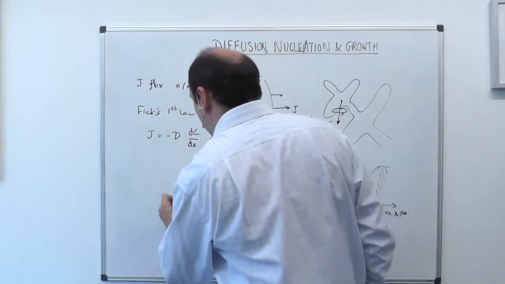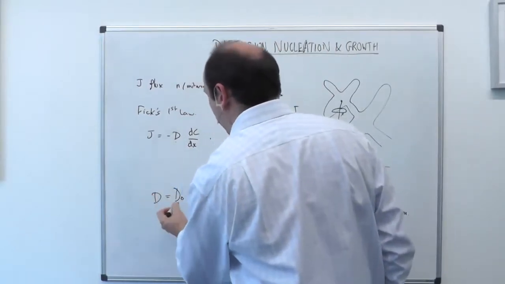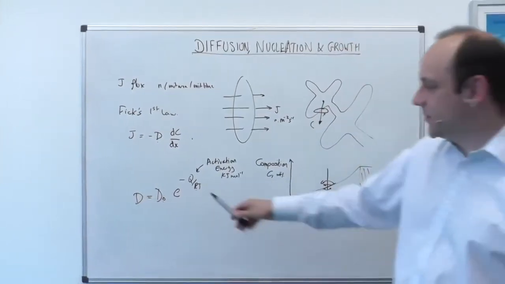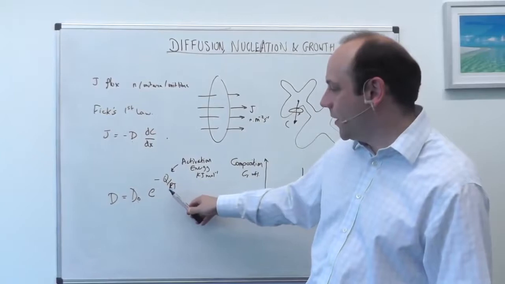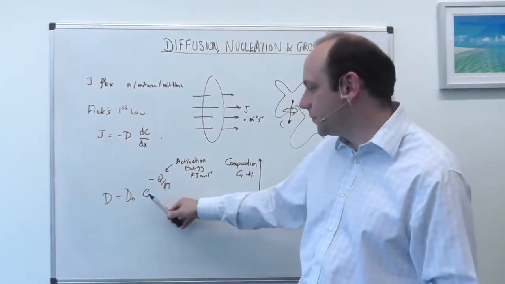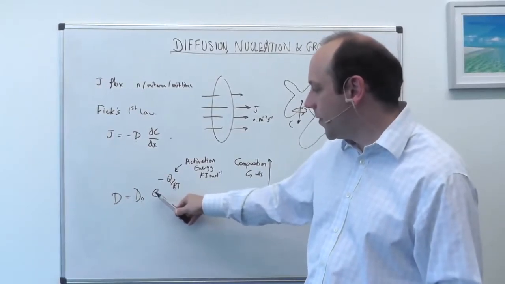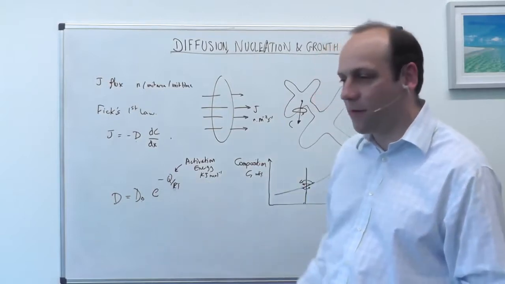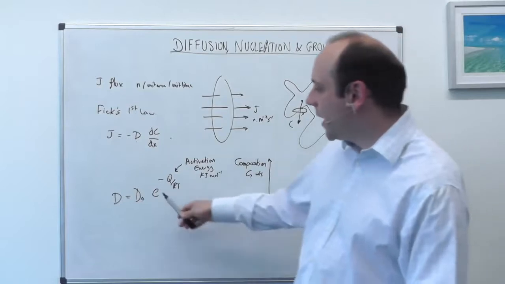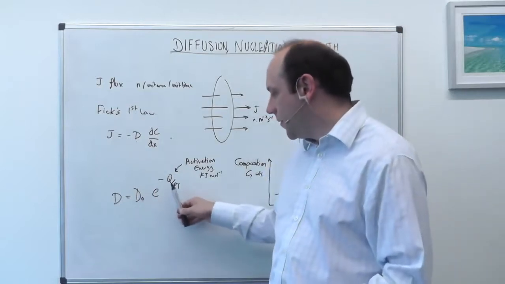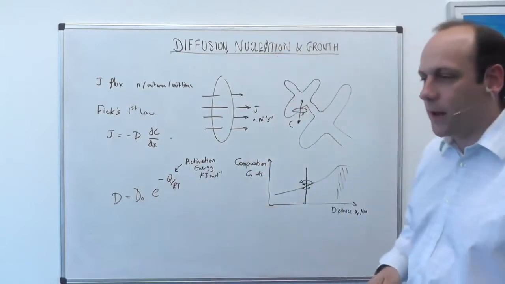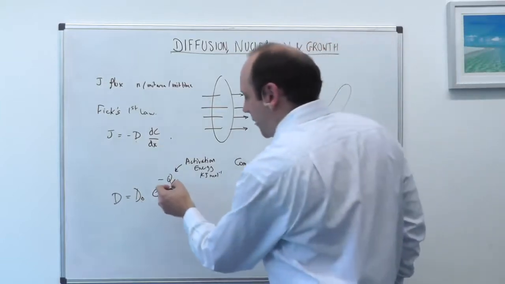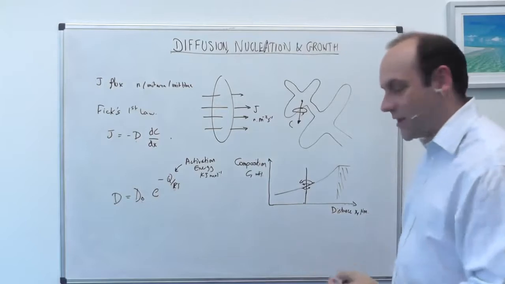And we would say that diffusivity varies with temperature according to some initial diffusivity, D naught, which is what you get when the exponential is e to the naught, that is 1, when the temperature has become very big, and then an activation energy Q. D naught is, if you like, a constant, and this then is an exponential function.